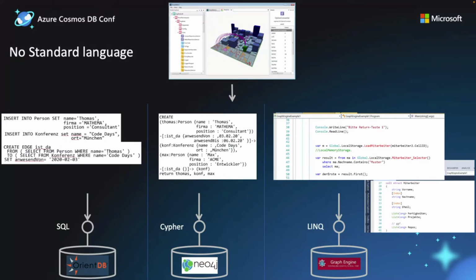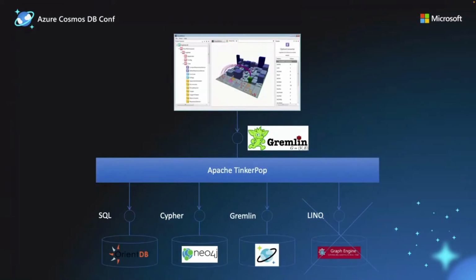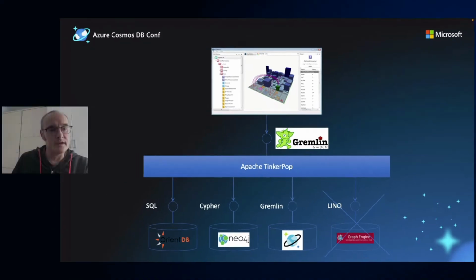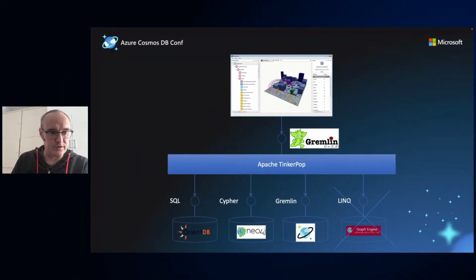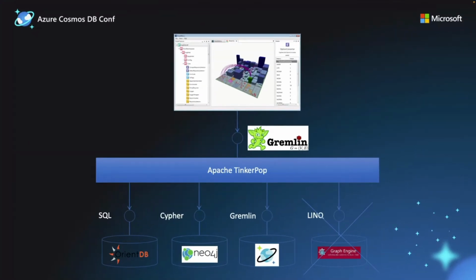So I looked further and found another solution called Gremlin. Gremlin is a language which is provided by the Apache TinkerPop project. And this language is supported by various graph databases like Cosmos DB.